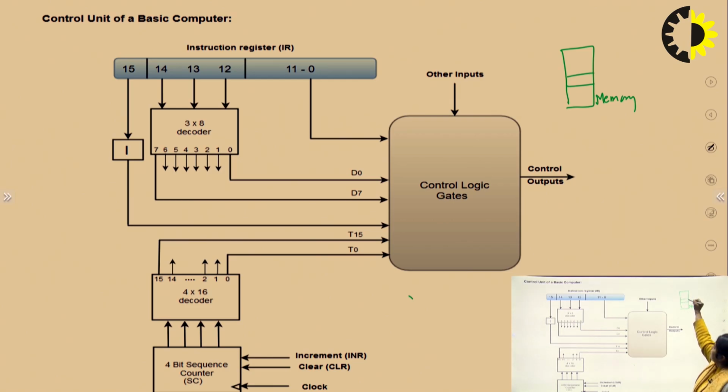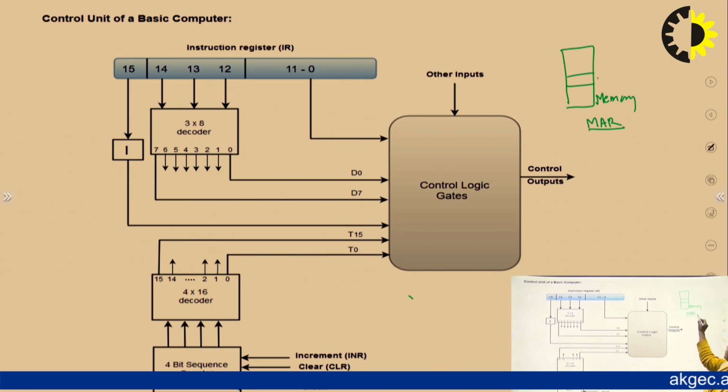The currently executed instruction is stored in the memory address register, which holds the address of that particular instruction, and this value will be fetched here. So you can see, the first step is that you are fetching the value from MAR to IR.